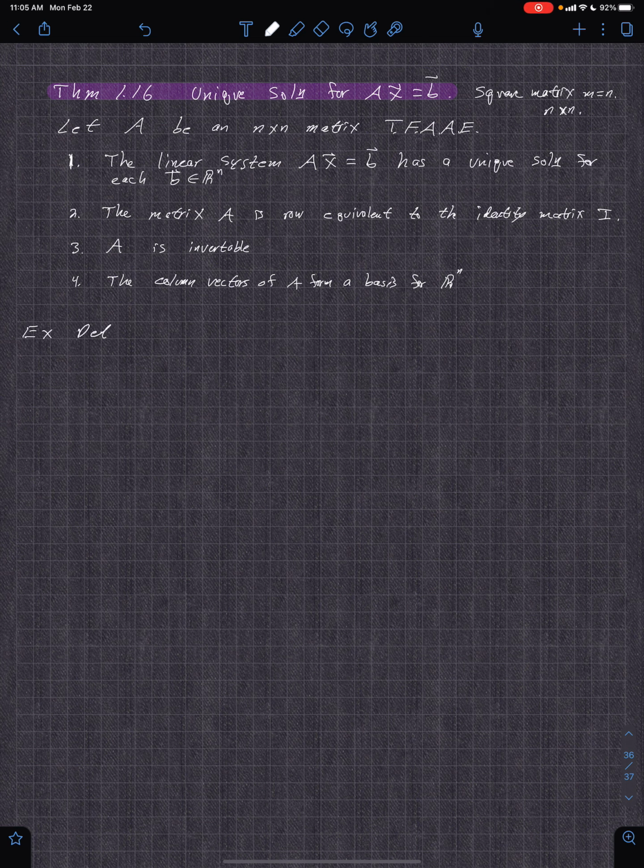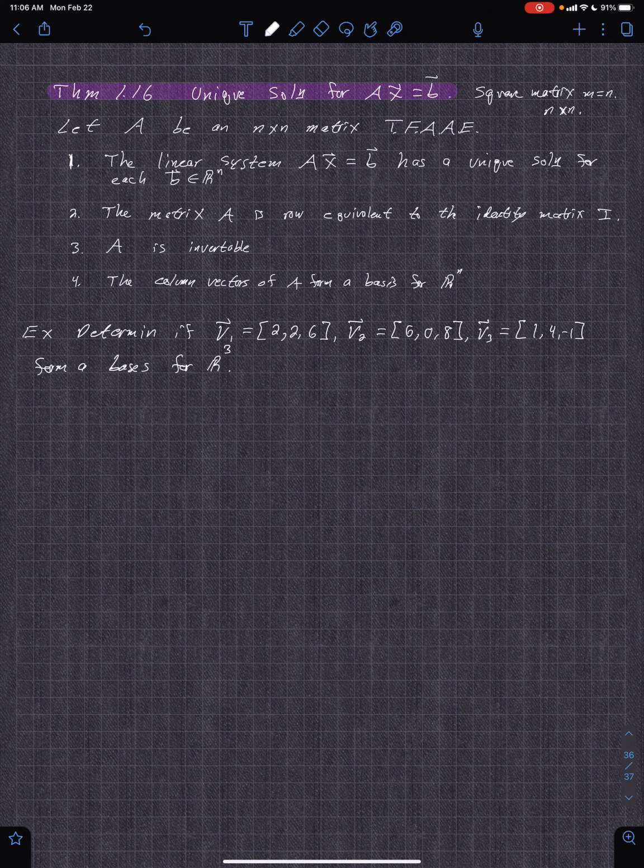So determine if the vectors V1, 2, 2, 6, V2, 6, 0, 8, and V3, 1, 4, negative 1, form a basis for R3.